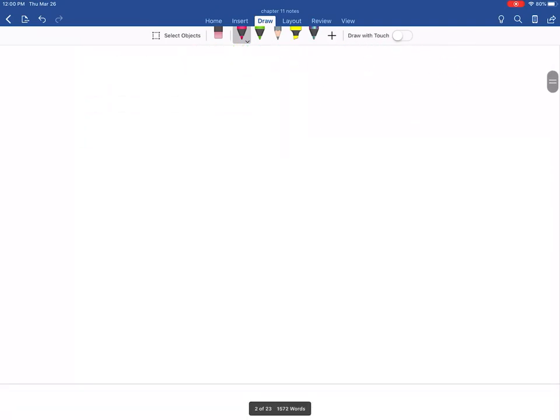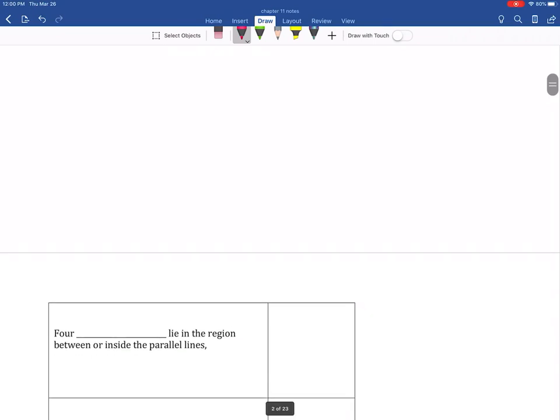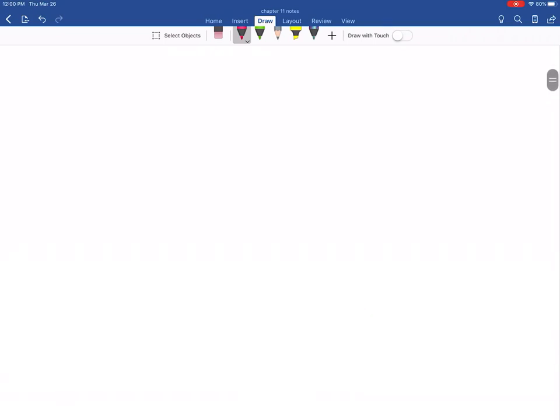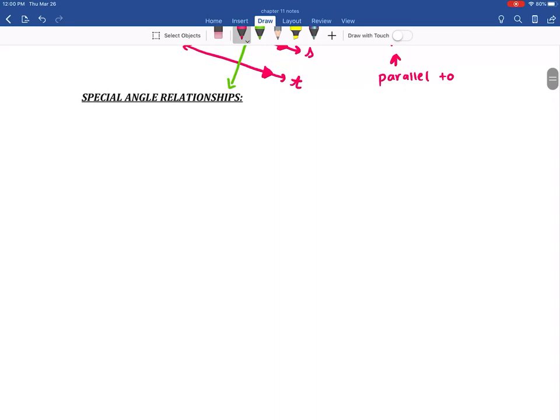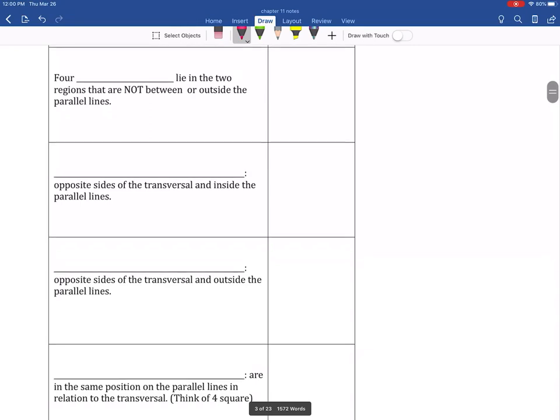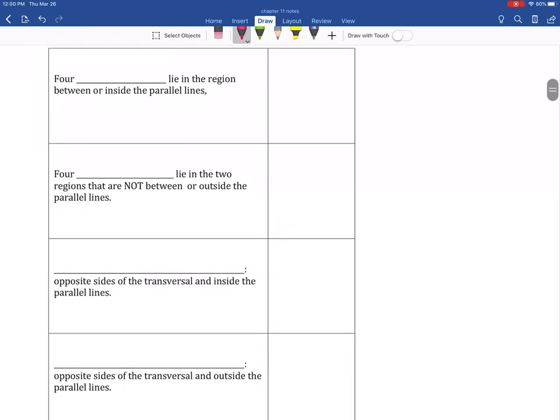So we're going to have these special angle relationships, which I gave a big space for here. Let's actually draw our picture on the next page so we have it next to our chart instead, just so it's a little bit easier to see. So we're going to use this same picture for all of these boxes to fill in.